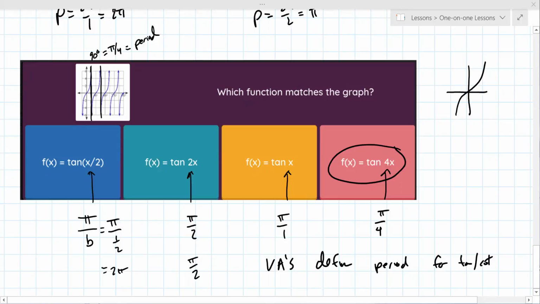Pi over 8. Well, I don't have a good answer for you because everything I'm looking at says it should be tangent 4x, maybe 8x, but let me try one more time.